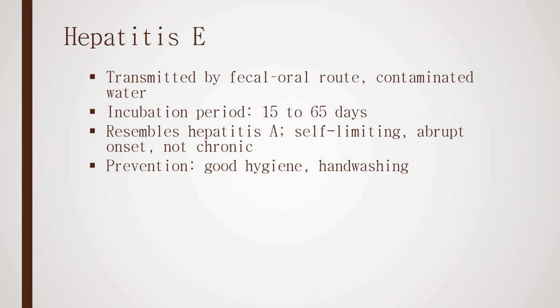In general, hepatitis E resembles hepatitis A. It has a self-limited course with an abrupt onset. Jaundice is almost always present with hepatitis E, unlike hepatitis A. The chronic form of hepatitis E does not develop jaundice.